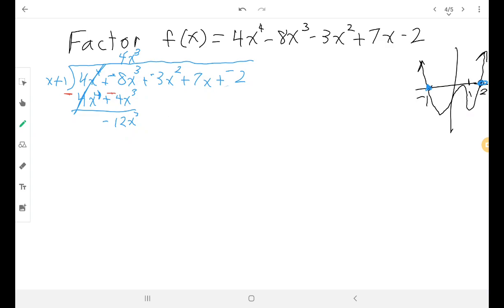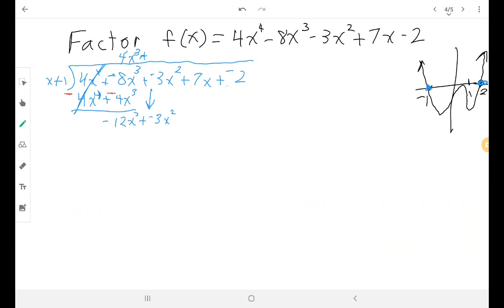Then in long division, you always bring down the next thing, and this is no different. So it's plus negative 3x squared. Then you go back up to the top here. You put a plus, and you start this process all over again.